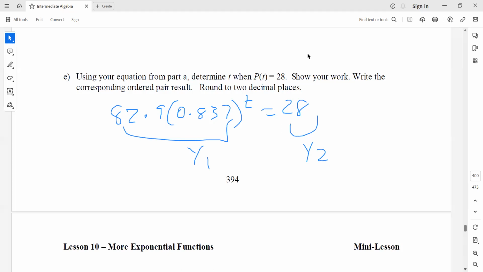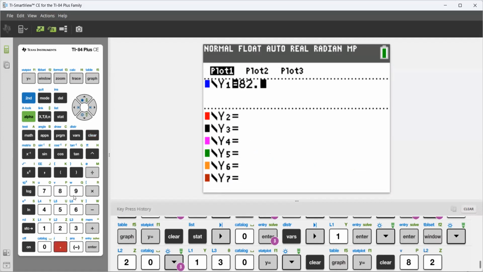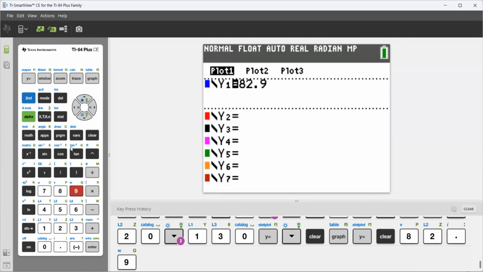So if you do that, you're going to have y equals, erase that. So y1 was 82.9. Now remember, my plot is on, so I do not have to forget that.